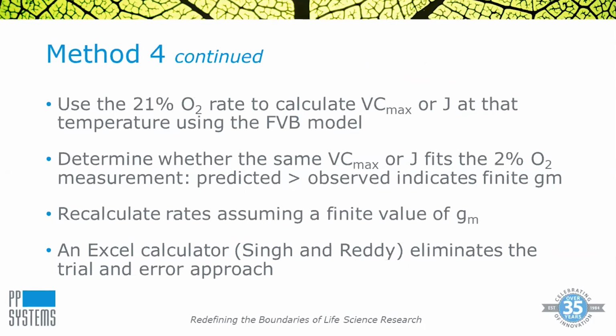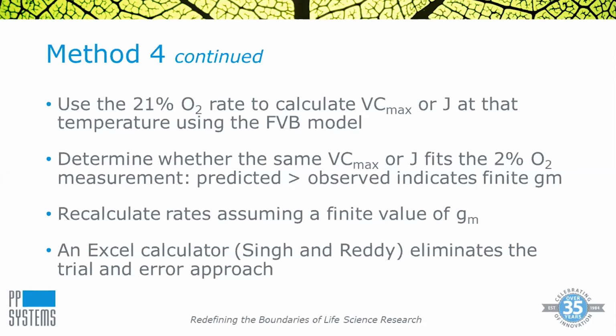And if the predicted value at 2% is bigger than the observed, that indicates that GM is finite, and we can figure out a value of GM that makes the predicted and observed become the same. So recalculate the rates using different values of GM.